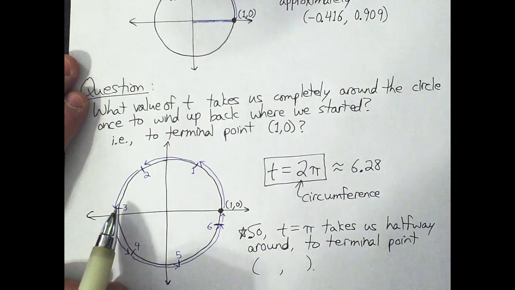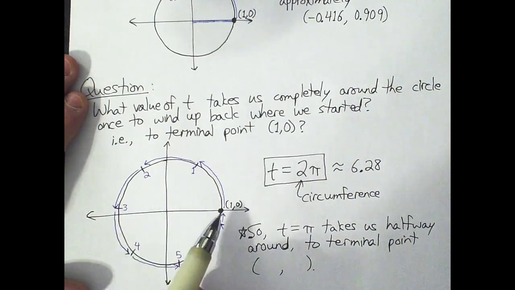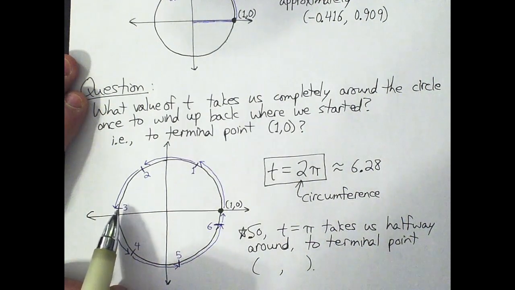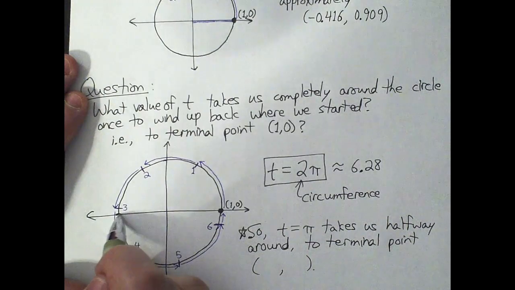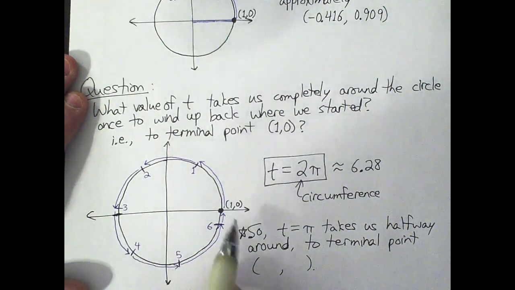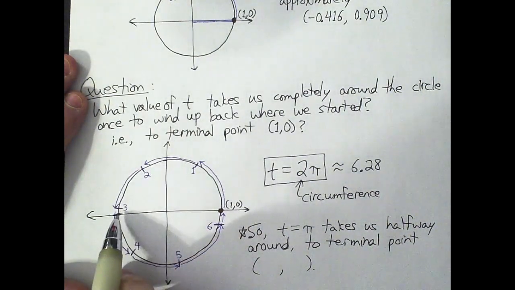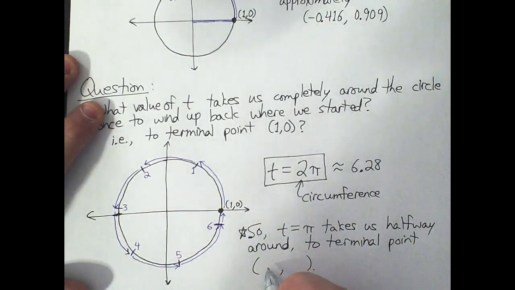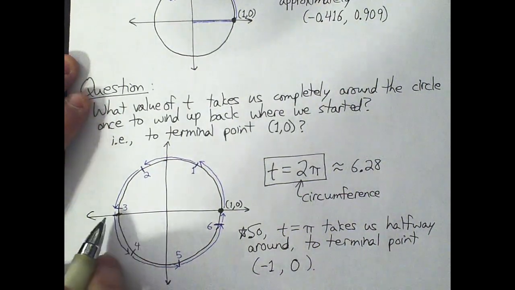Oh, look at this. It looks like when we were going around, I went 3, and then a little bit more than 3 would have gotten us over here. That's what would happen if you went a t distance of pi. It would take you halfway around the circle. The terminal point would be (-1, 0) on that opposite side.